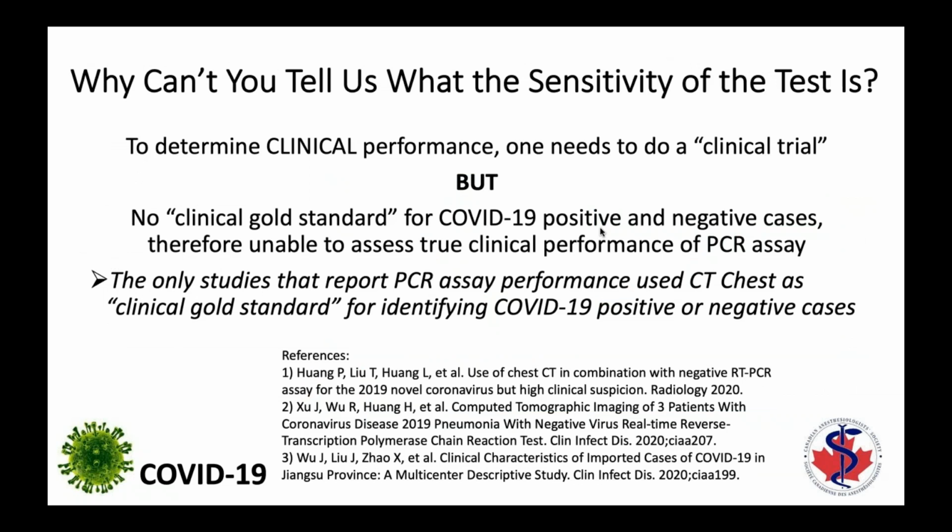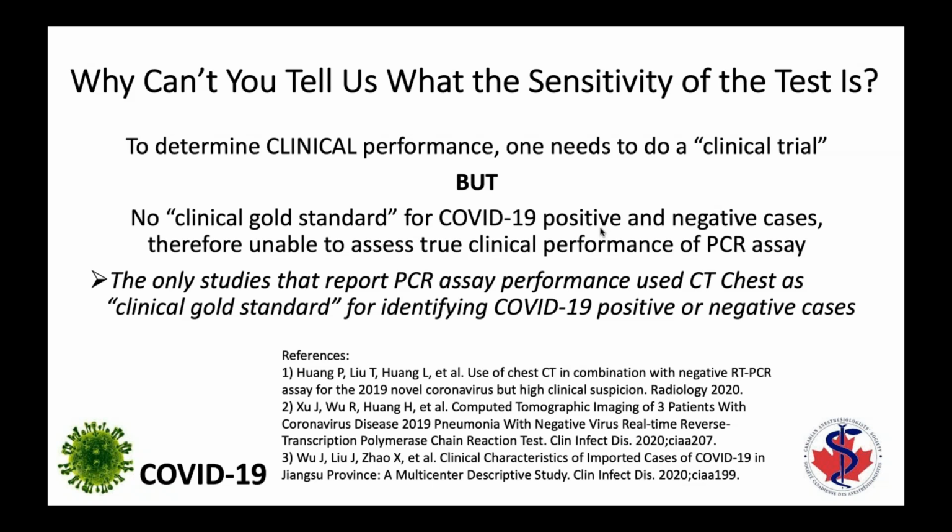So many physicians call us and ask, why can't you tell us what the sensitivity of the test is? And what about the 30% false negative that's been reported in the literature? So in order for us to determine the clinical performance, we need to be able to identify a gold standard for COVID-19 disease, presence of disease and absence of disease. And that doesn't really exist. There are a number of studies which I've referenced here, 3 studies that were published from groups in China, that use CT chest as the gold standard and compared the PCR assay against their defined gold standard.